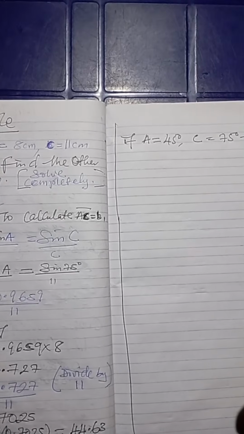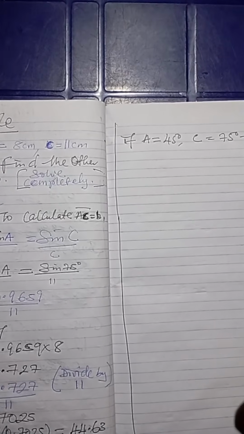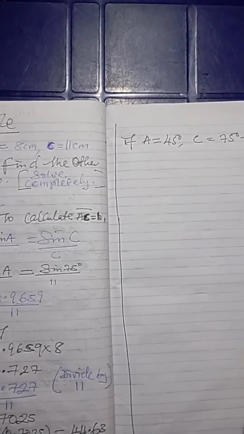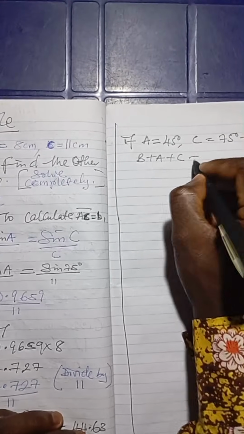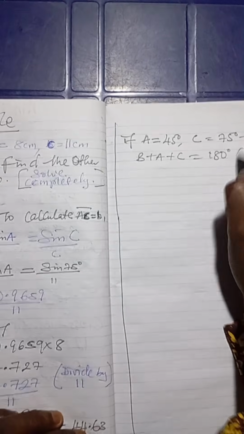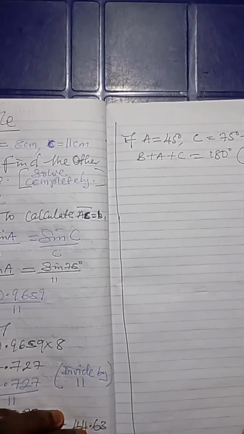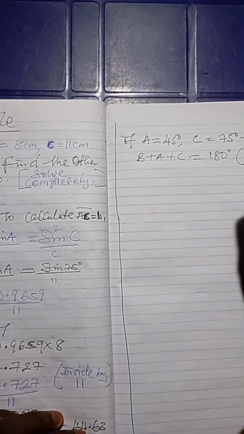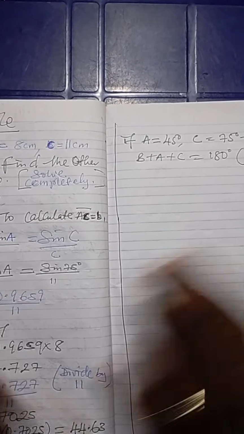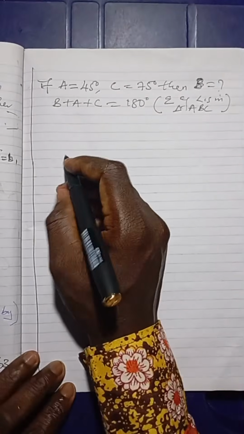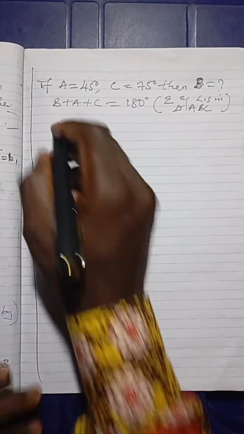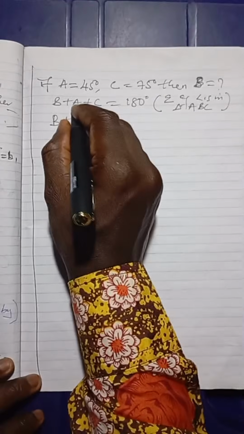Then we can find B. So B plus A plus C should give us 180 degrees. That is the sum of angles in triangle ABC.